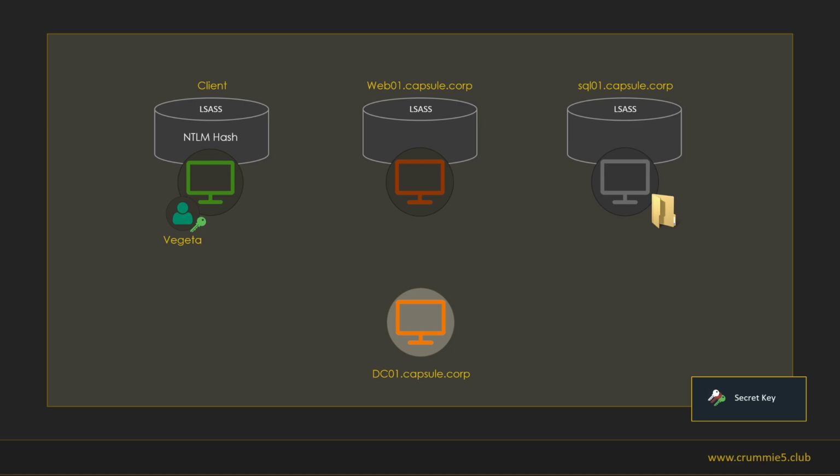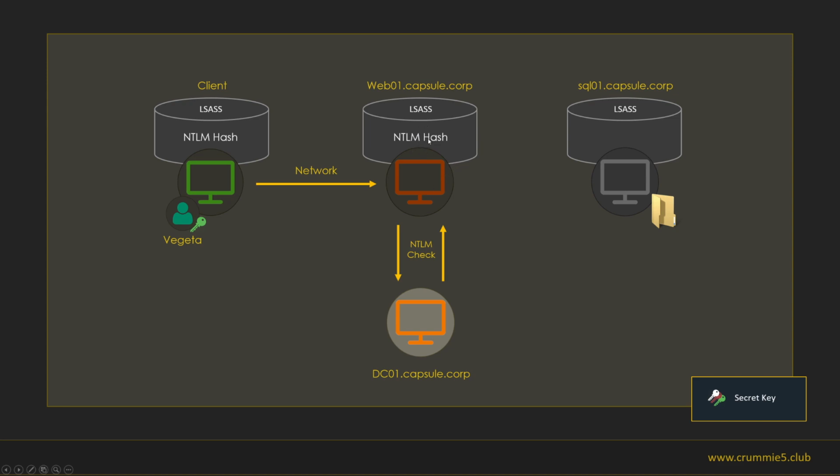So the example would be like this. We have our NT hash. We access the web page through the network. The NTLM authentication is verified with the domain controller, and if credentials are verified, the NT hash is cached in the server.